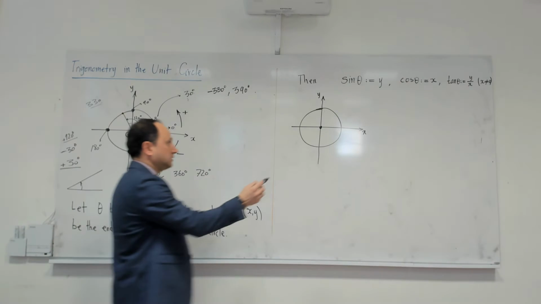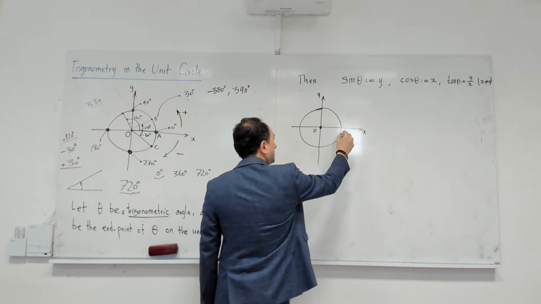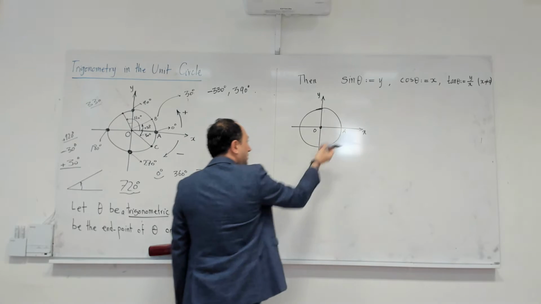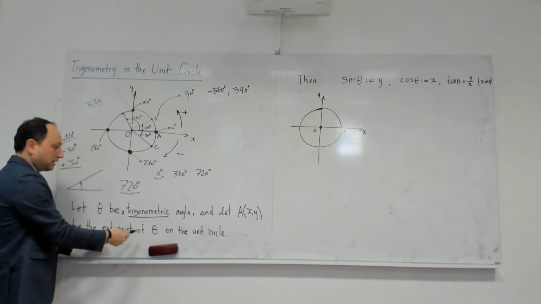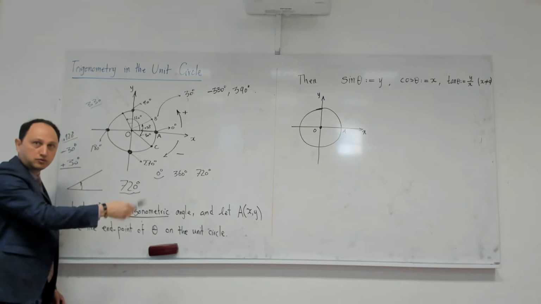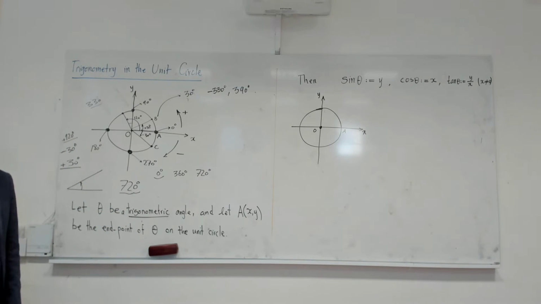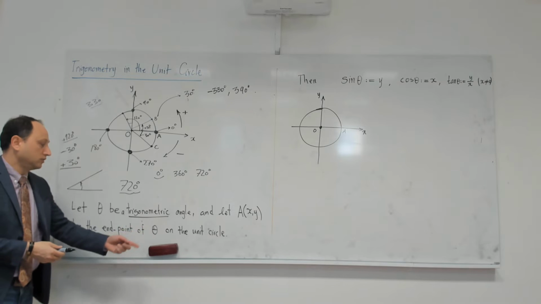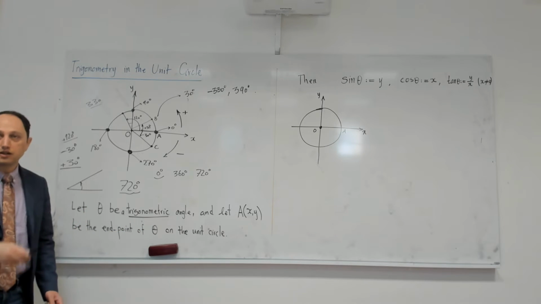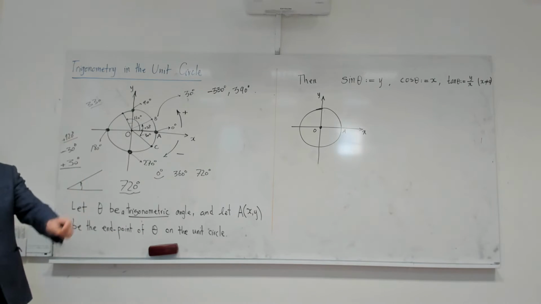I care about that I start from OA as usual, and I will start rotating about the origin with the amount of the angle that you have given to me in the right direction based on the sign of the angle. But the point is that no matter how big the angle is, and no matter what the sign of the angle is, I will end up at one point on the circle.